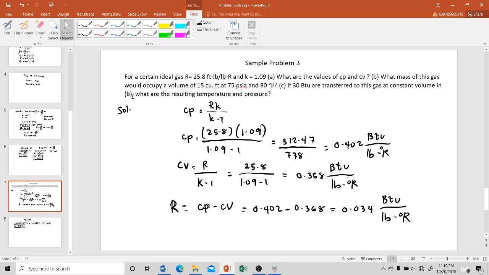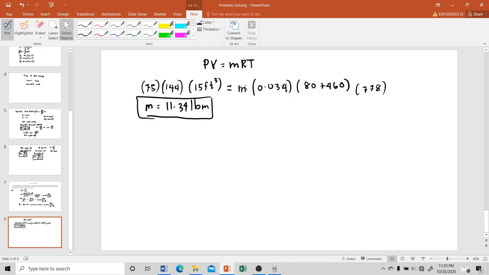Now, if 30 BTU are transferred to this gas at constant volume, what are the resulting temperature and pressure? So what can we use here? To get the final temperature, we use Q, which is the heat at constant volume: mass times specific heat at constant volume times the temperature 2 minus the temperature 1.